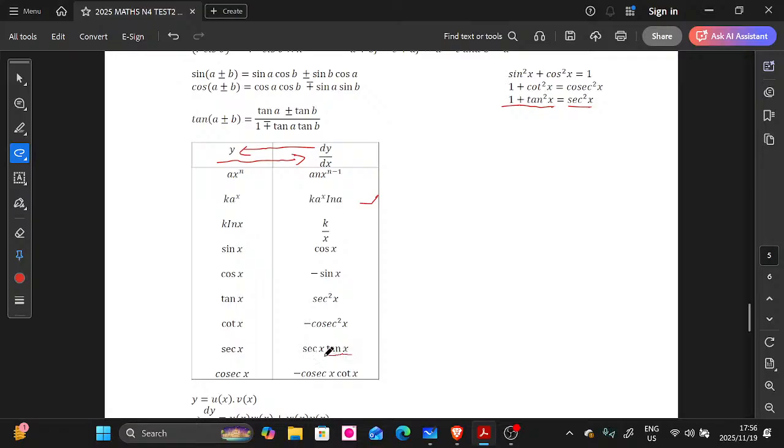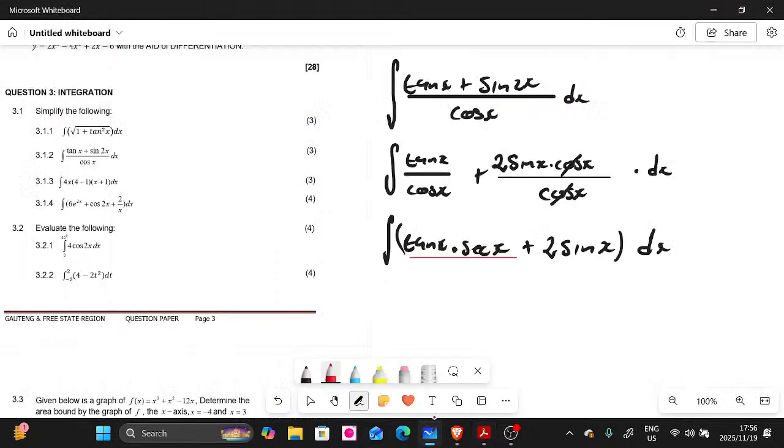Now if you go back, the integral of sec x tan x is actually sec x. So if you go back to our problem, we can say y equals the first one, tan x sec x, which integrates to sec x. There we go. And then we do the second term, 2 sine x.